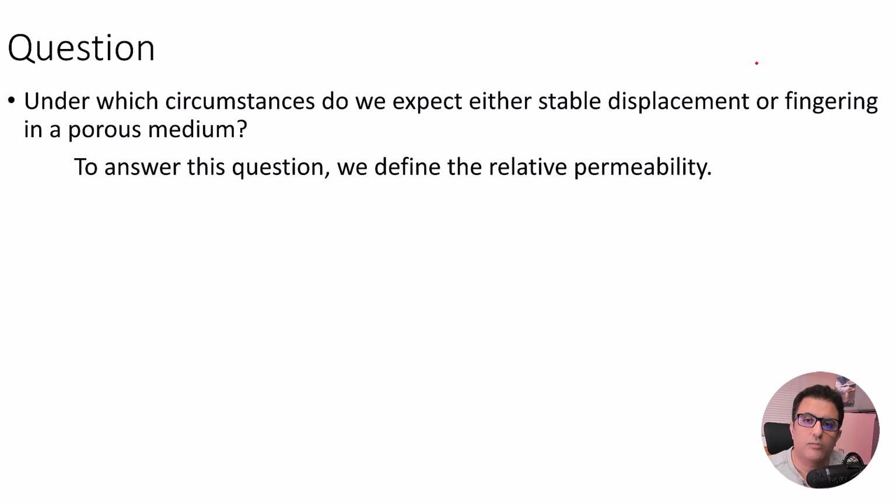When we talk about porous media or reservoir rock, we have pores, we have matrix, and we have interplay between fluid and matrix. And as a result, the situation is much more complex compared to just two fluids with no pore.